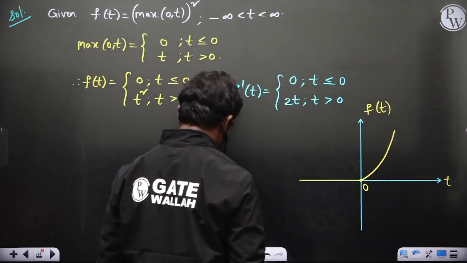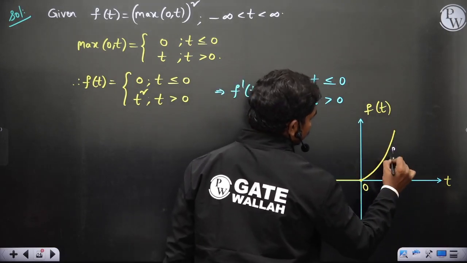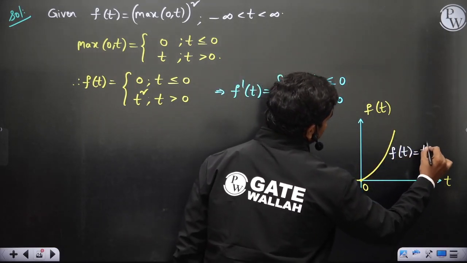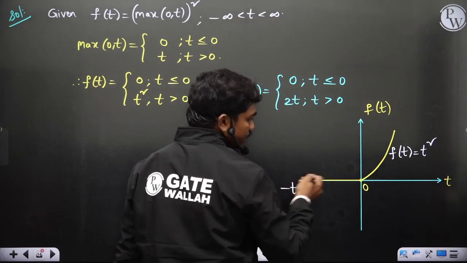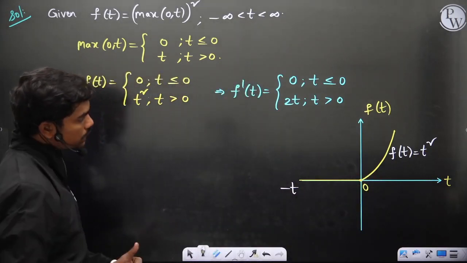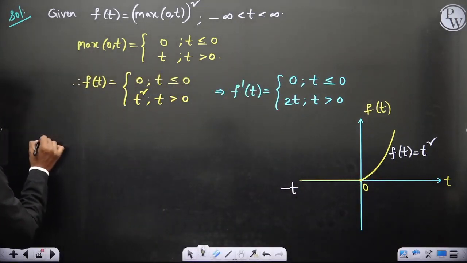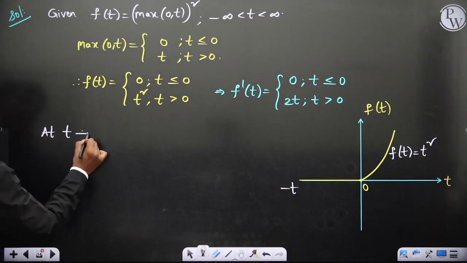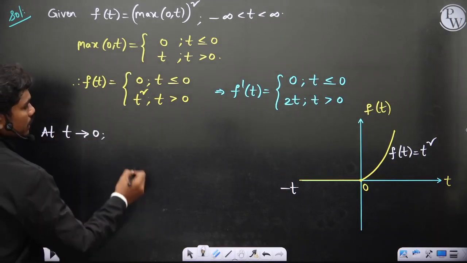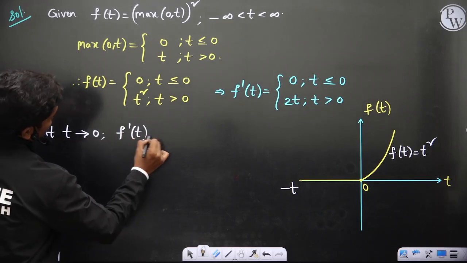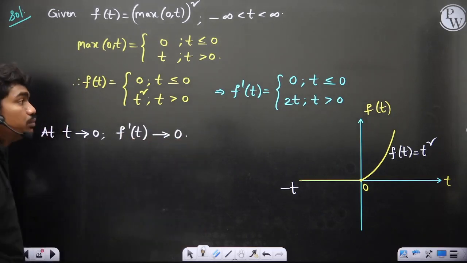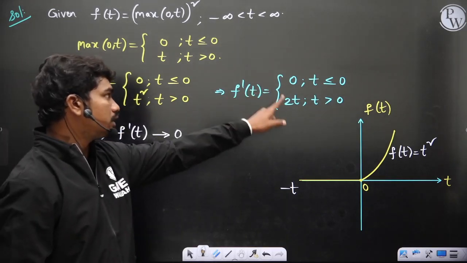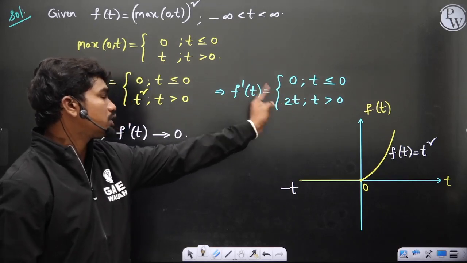So f of t is equal to t square for t greater than 0, and it is 0 over this part. Now clearly, as t tends to 0, f dash of t is also tending to 0 from both sides, because on one side it is 0, and if you put t equal to 0, this is also 0.